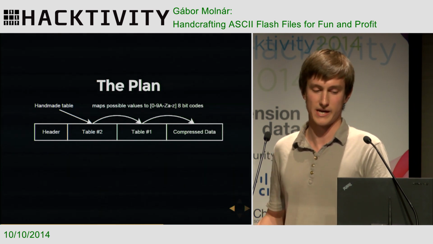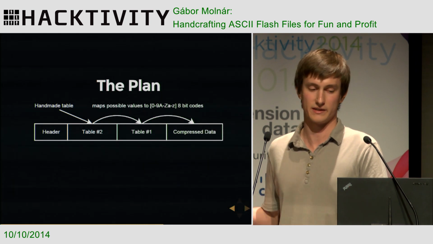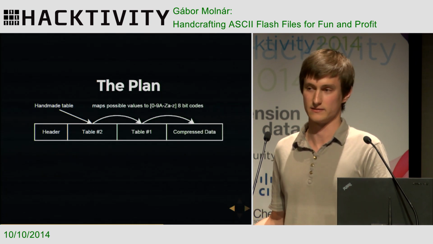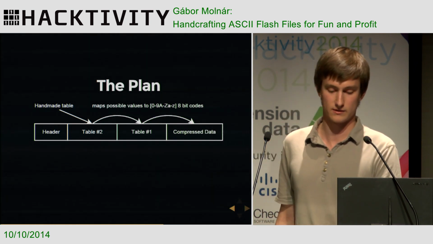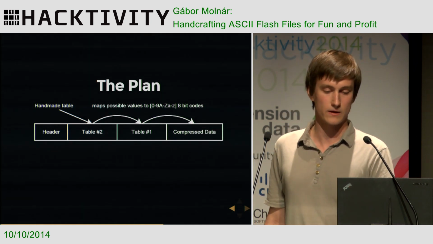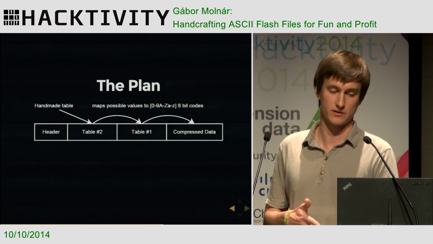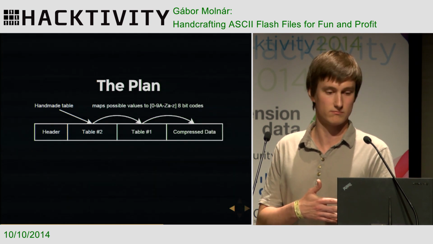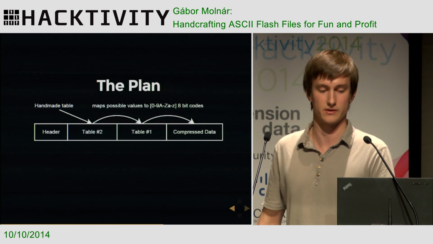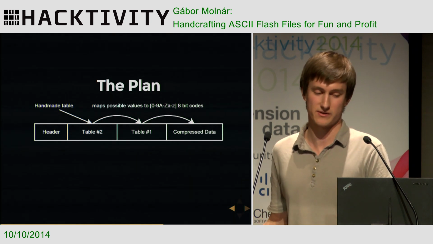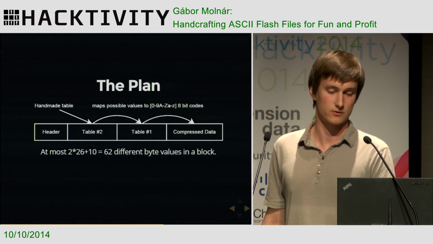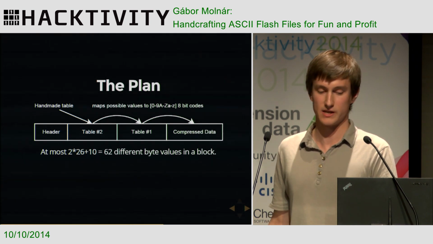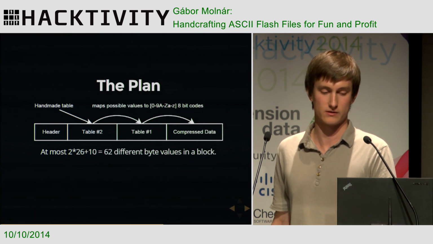So if in the input only 3 types of bytes can occur, then we should assign the letter codes A, B, and C to the output. Once we have this table definition, we can deal with table 2, how to define it, to have also table 1 definition on ASCII only.